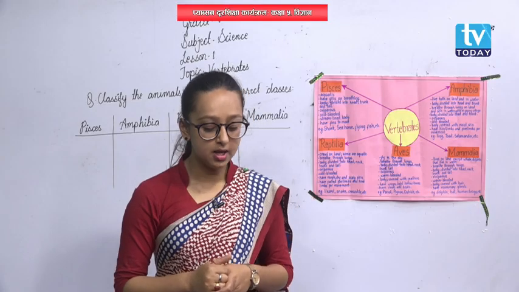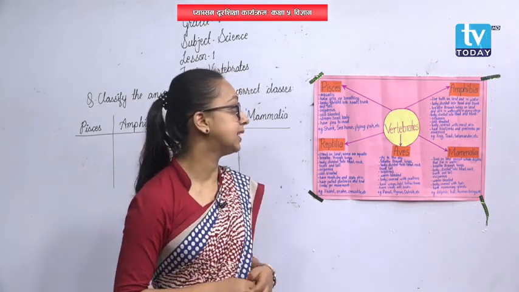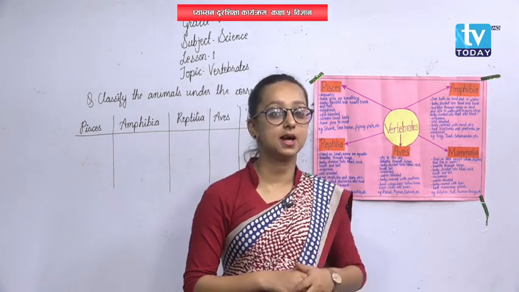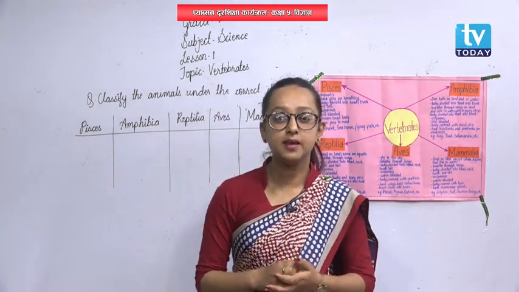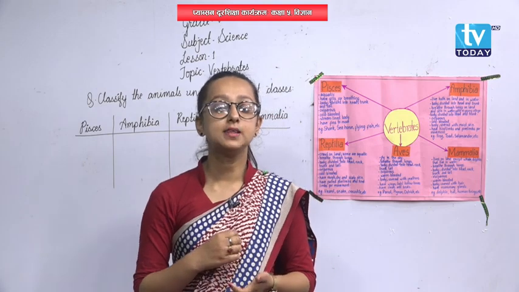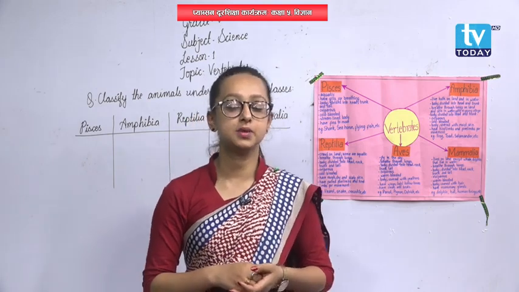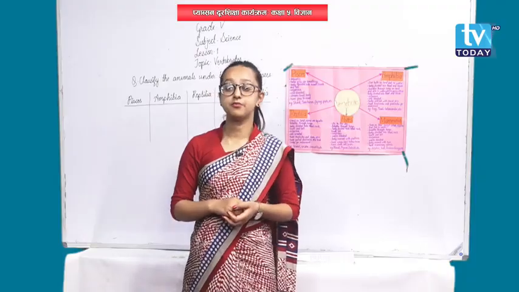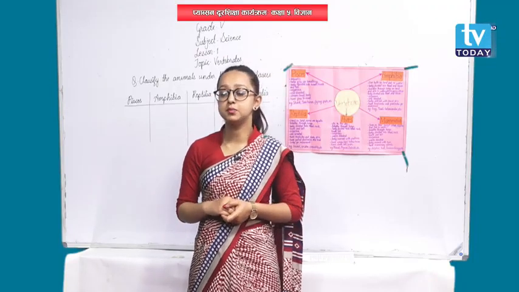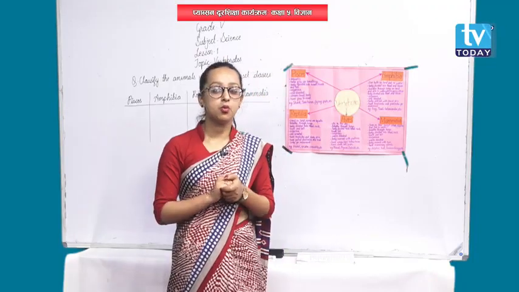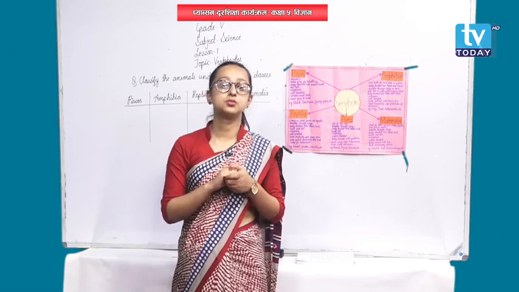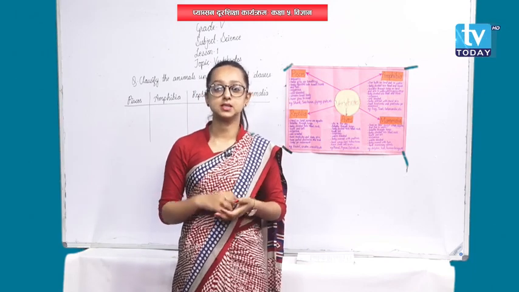In the similar way, moving to the next class of vertebrates, that is Amphibia. The animals that fall in this class are called amphibians. What are amphibians then? The animals that live both on land as well as in water are called amphibians.